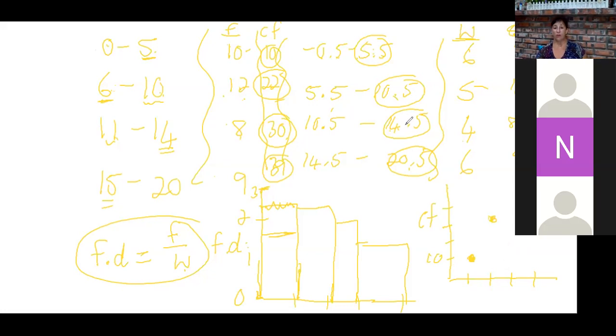And then the other one, 14.5 with a 30. 10, 20, 30. Oh no, I lied. Did I write that right? 10, 20, 30, 40. I think this is lower. Because it's 10, 20, 30, so it can't be above 30.